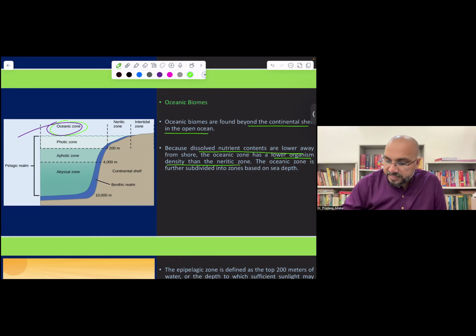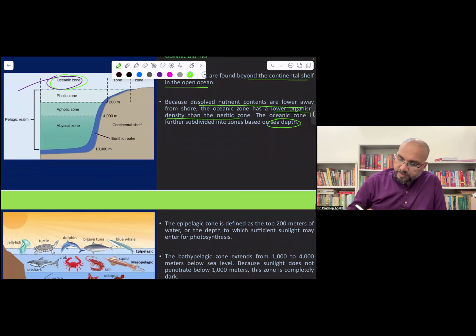So based on the depth of the sea, your oceanic biome is again divided into different zones. Oceanic biome को again हम लोग different zones में divide कर सकते हैं. So you have your epipelagic zone. Okay, then you have bathypelagic.